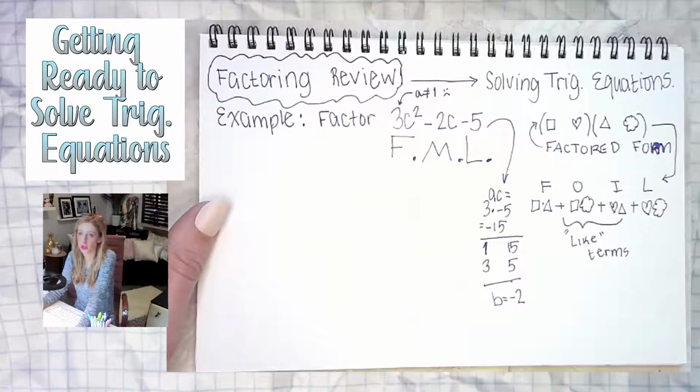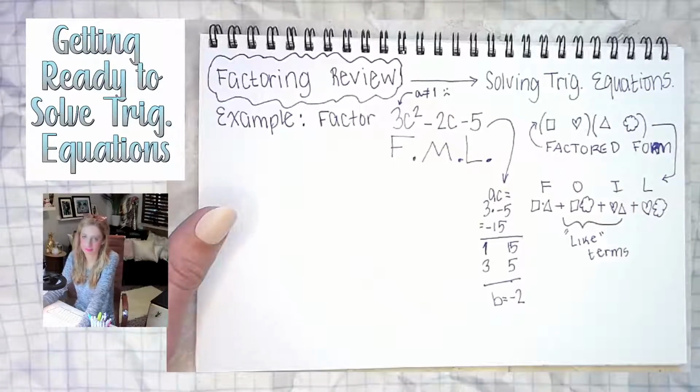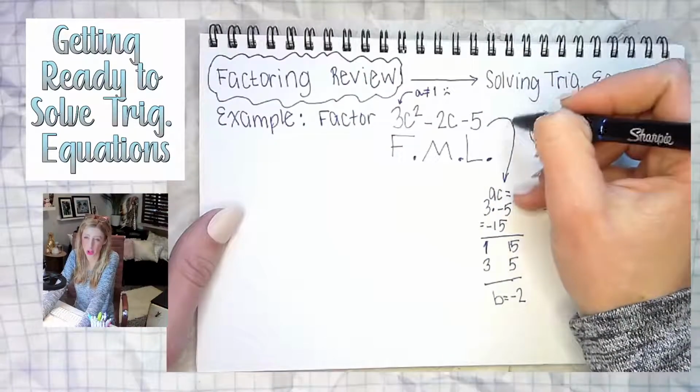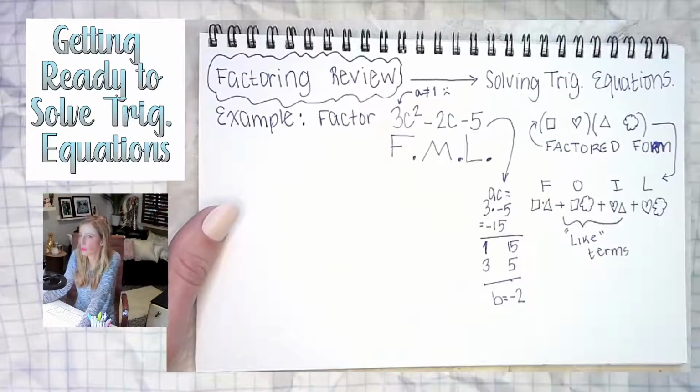If nothing on your list truly works, then it's likely a prime quadratic and you can't factor it with the traditional method. So if it were prime and if this were not an expression, if it was an equation and you were solving, does anybody remember what you had to do to solve a quadratic equation when you couldn't factor it?